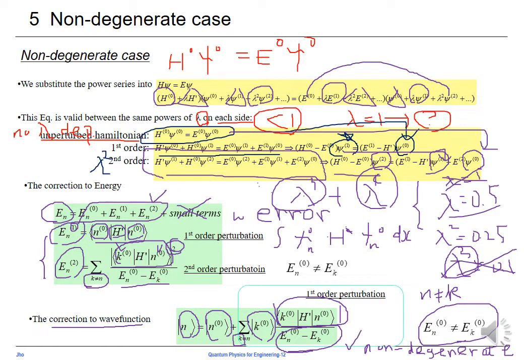Degeneracy we learned, and it means that for different quantum numbers, energies are the same. Those indicate the degeneracy, but here we don't consider degeneracy, so it is called non-degenerate case.